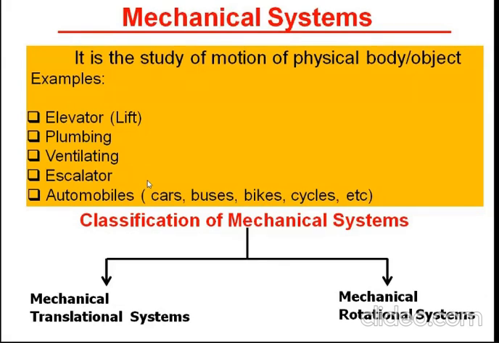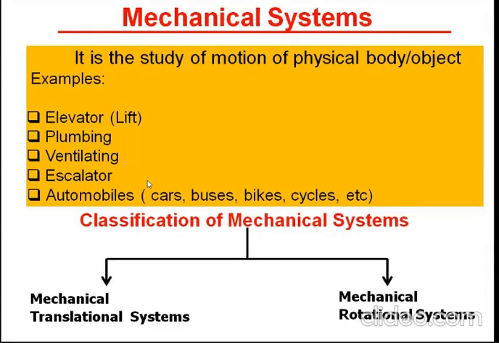A few of the examples I have given, and a few you already use in your daily life. Examples: lift, cars, bikes, buses, etc. All come under mechanical engineering. It is the complete study of how it is moving, how to design that particular machine or system. Everything comes under mechanical system.